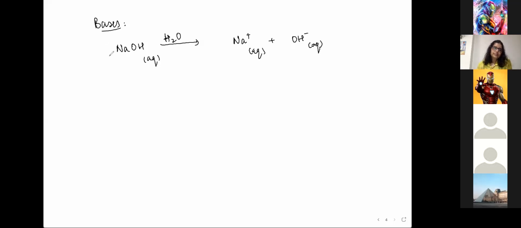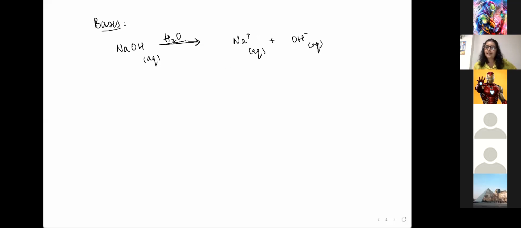Balance, I mean, single NaOH gives a single Na plus ion and a single OH minus ion. But then on the left side there are 3 S, on the right there is only 1 S. Oh, so this water, okay, that's the reason I took it out of the reactants and put it as a condition over here.